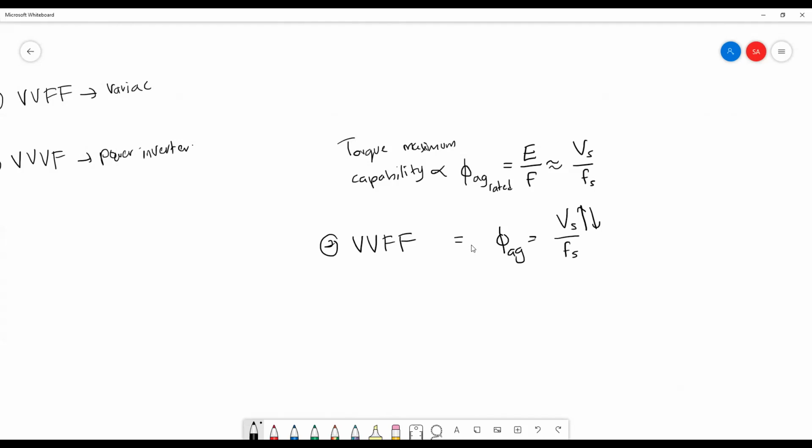For example, if you reduce the voltage, the air gap flux will be reduced and so on. So this will reduce the maximum torque capability if you are using the second method.